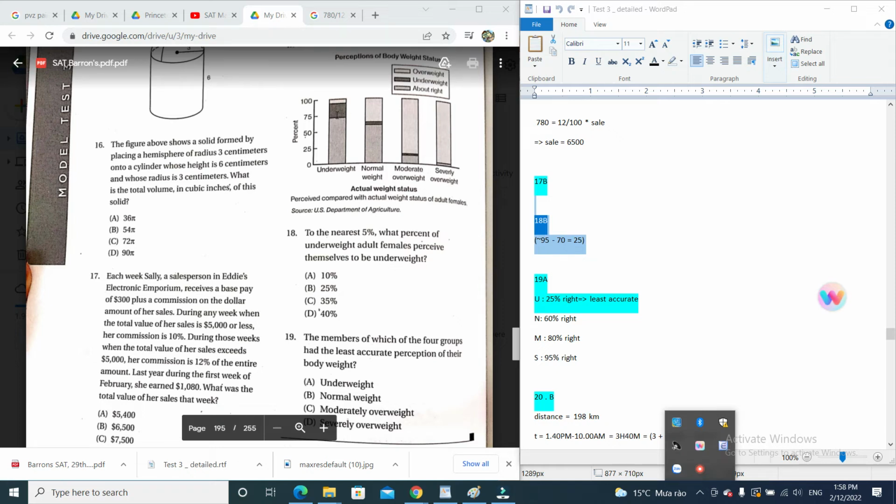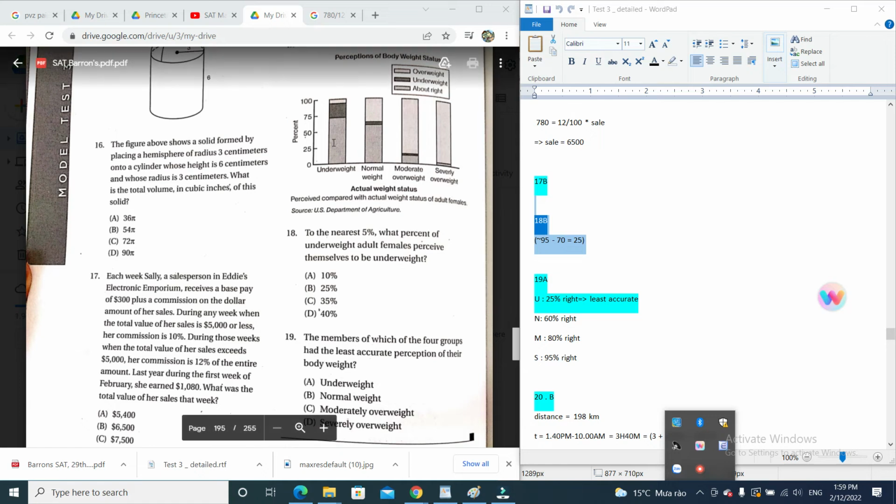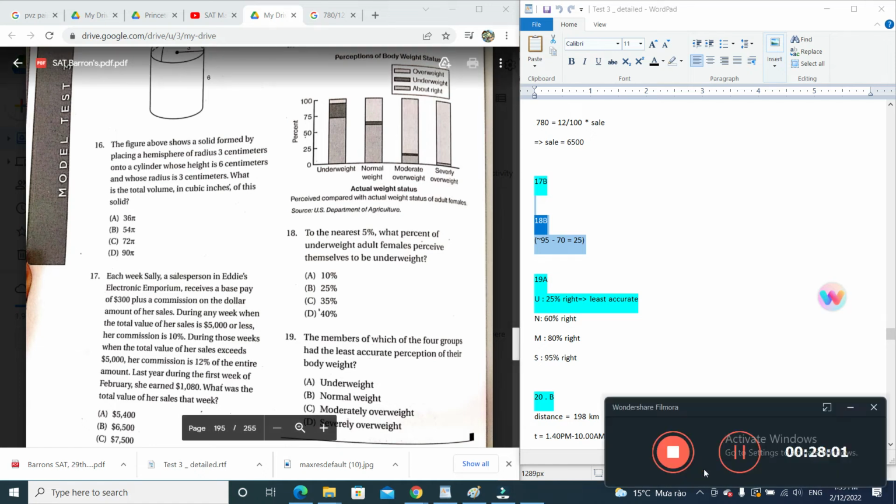For the normal weight people, about 60% of them perceive themselves as normal weight. You can clearly see the dark gray portion at the bottom of the column.